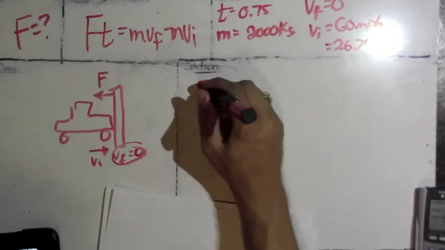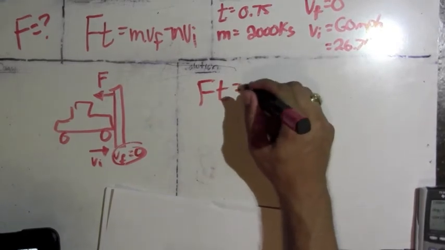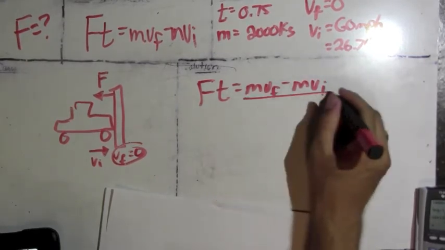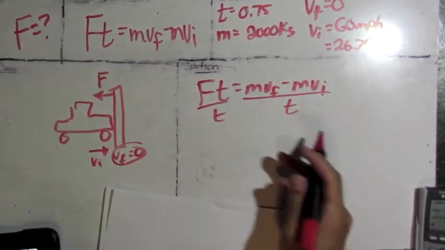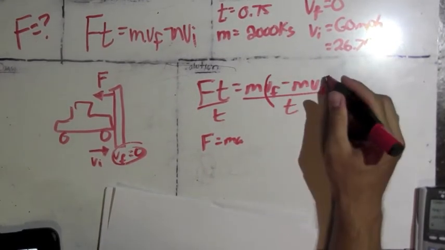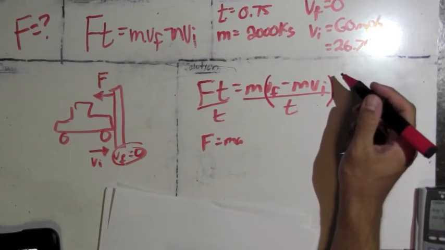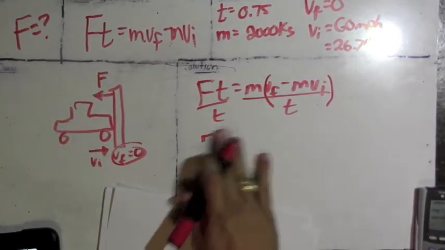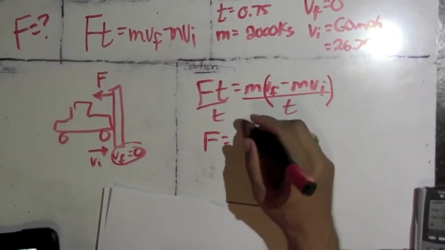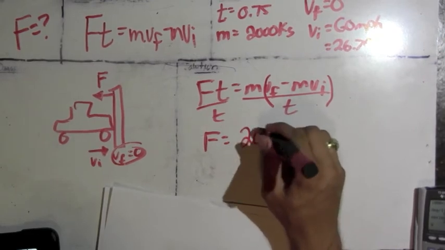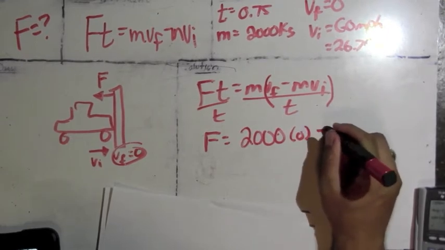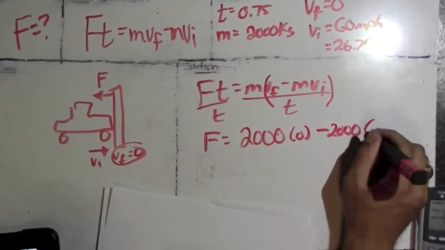Ft equals mvf minus mvi. Divide both sides by t, and basically what you have is F equals ma, because this right here represents a, with the mass being out there. But this is the form I want, so I would say F equals 2,000 times 0 minus 2,000 times 26.7 over t.